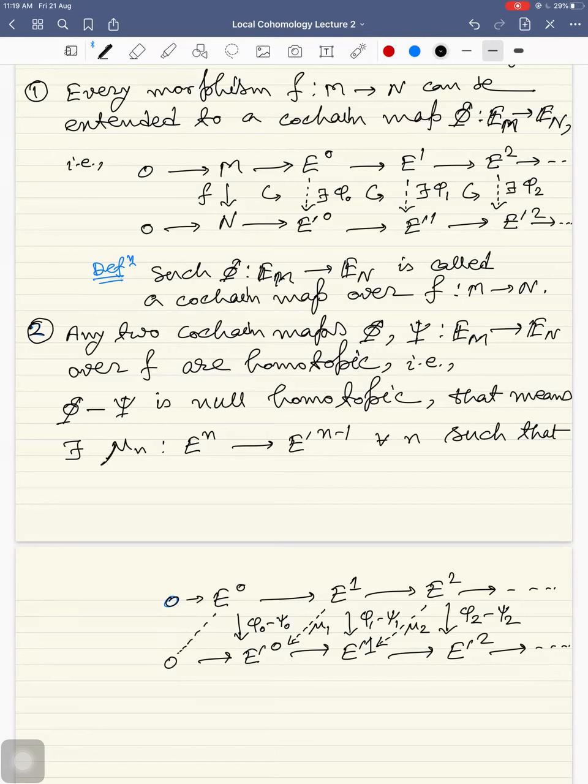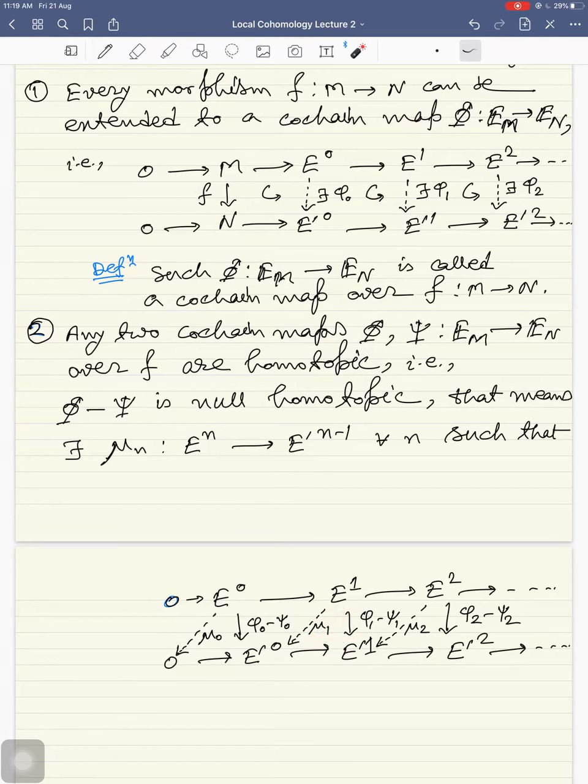And from E naught to this it is just mu 0, such that coming this way is the same as coming this way plus coming this way.